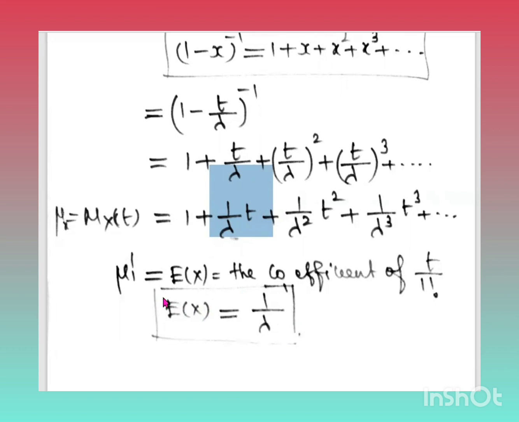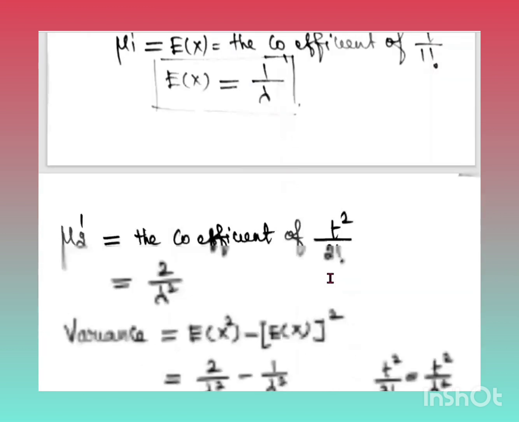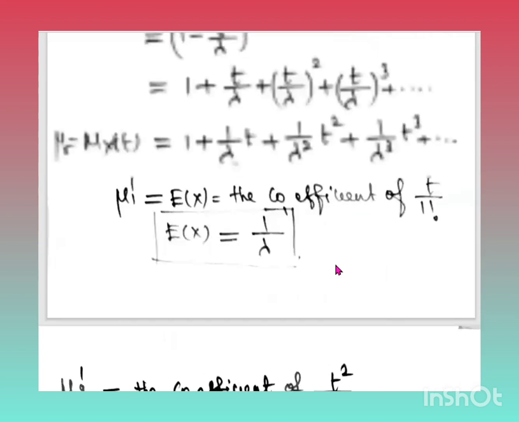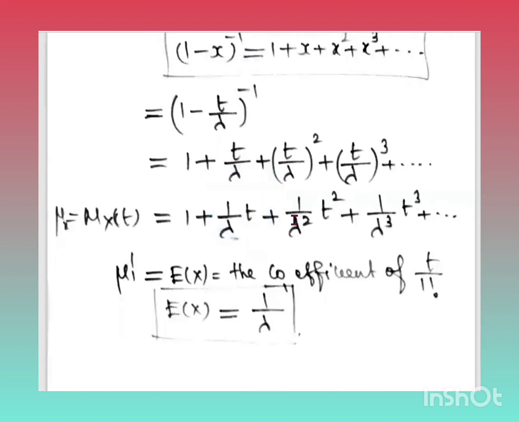Mu 2 dash is equal to the coefficient of t square divided by 2 factorial. Here the term is t square by lambda square, and there is no 2 factorial. That's why I am multiplying and dividing by 2 in this term.